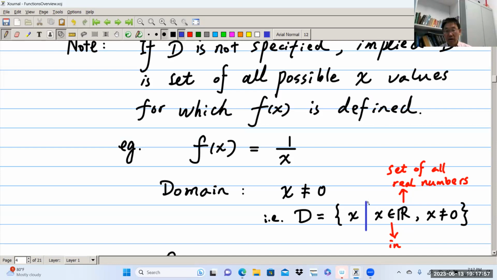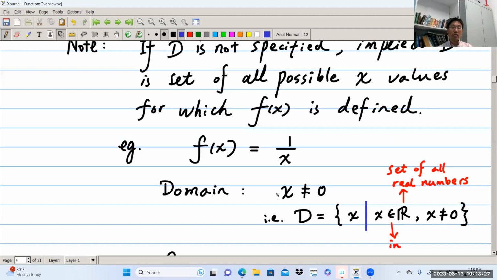This vertical bar means under the condition, X is in R. This black bold letter R represents the set of all real numbers. I introduce some notations so you are comfortable with those mathematical notations. Of course, we also require X be non-zero. This is another way to write down the domain of this function.